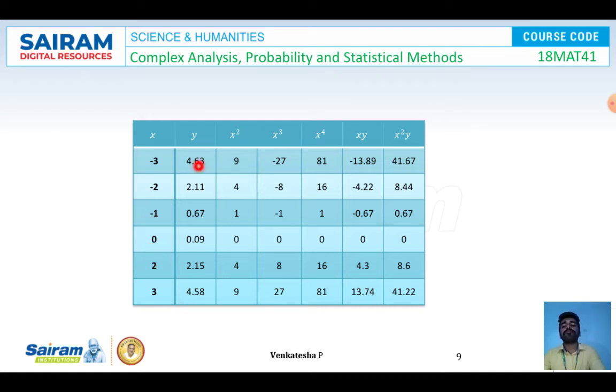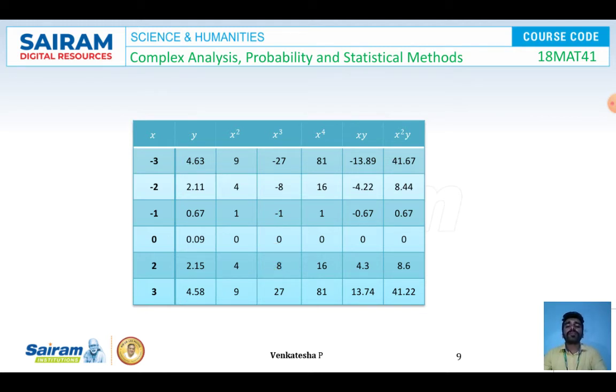Y is given like 4.63, 2.11, 0.67, 0.09, 2.15, 4.8. So x square has been obtained by squaring all x values. I got 9, 4, 1, 0, 4, 9. X cube has been obtained by applying cube on all x values. I got minus 27, minus 8, minus 1, 0, 8, 27.